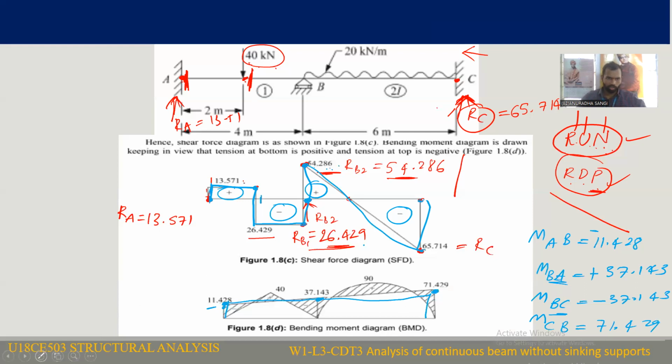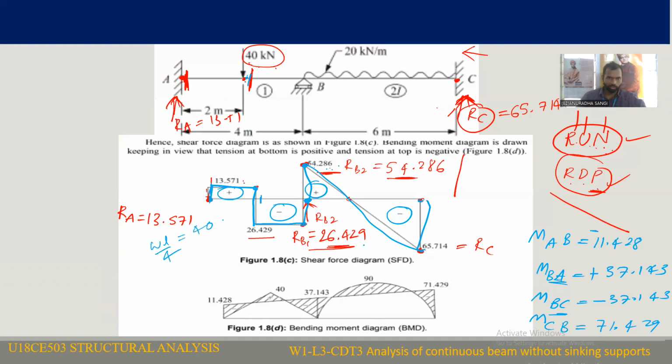Now we need to draw the positive bending moment diagram, which comes from the applied load. This point load is there. For a point load, the maximum bending moment formula is WL by 4.